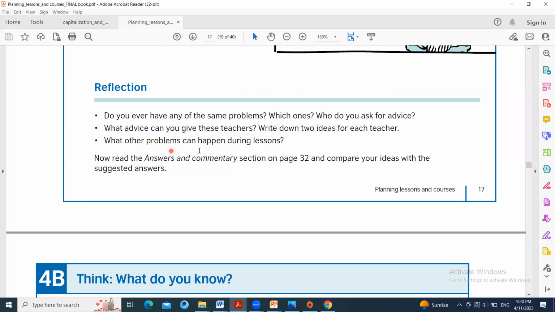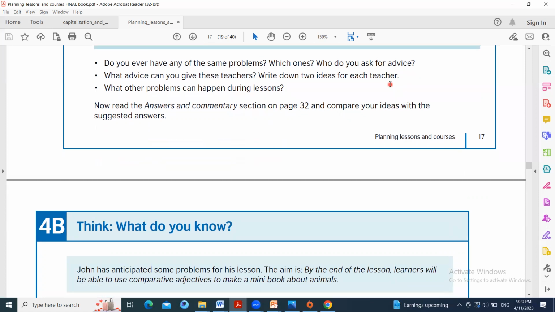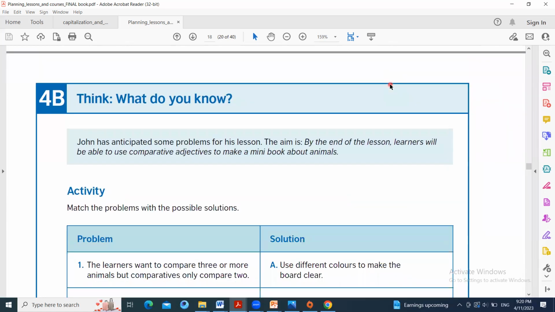What other problems can happen during lessons? You can think of answering such type of questions. But the most important thing is to write down 2 ideas for each teacher. Give them advice.